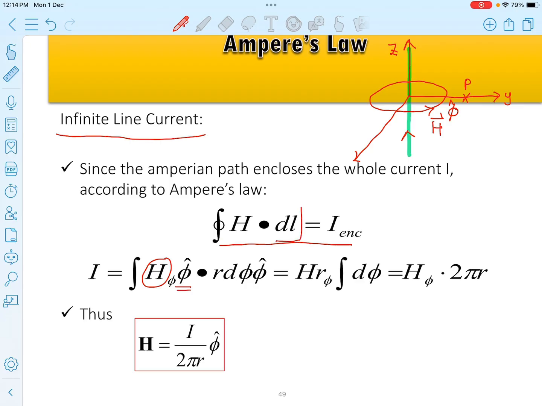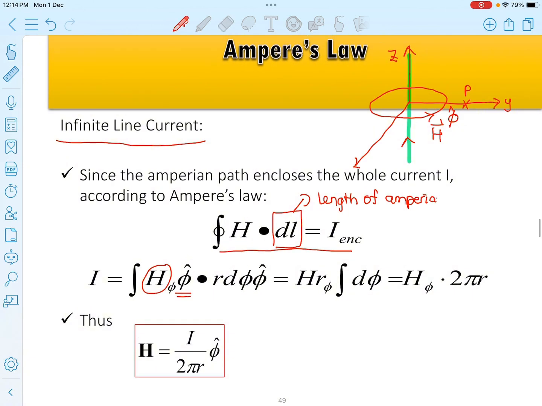And the dl is the length of the Amperian path. Obviously this Amperian path is in a circular shape.